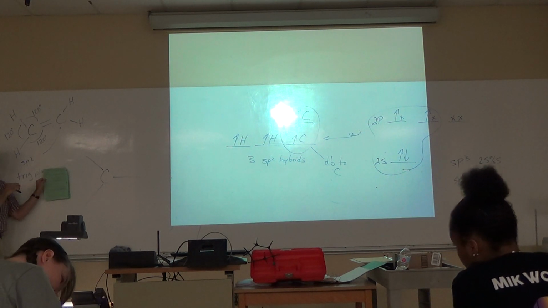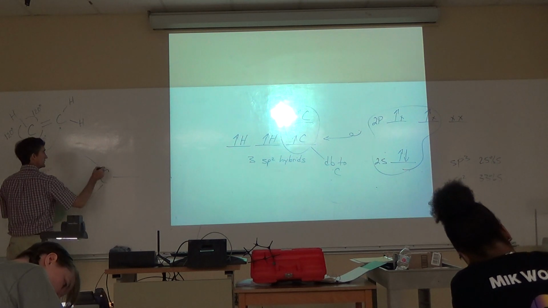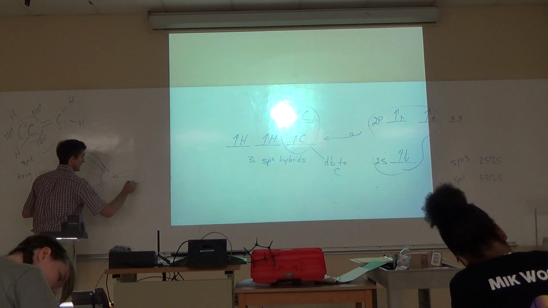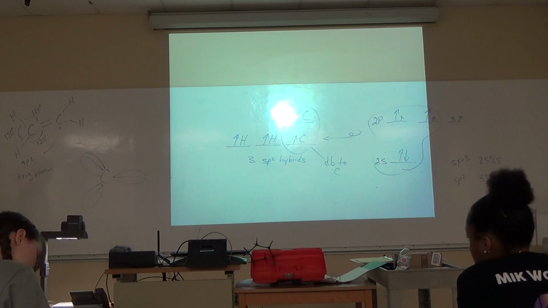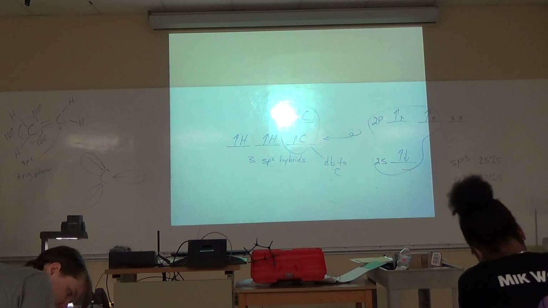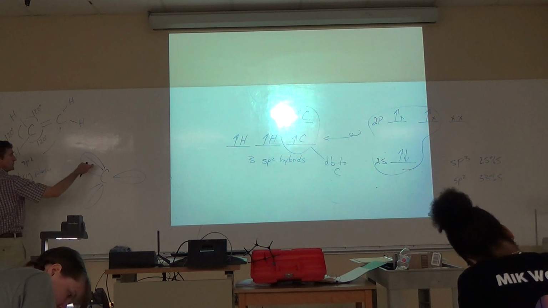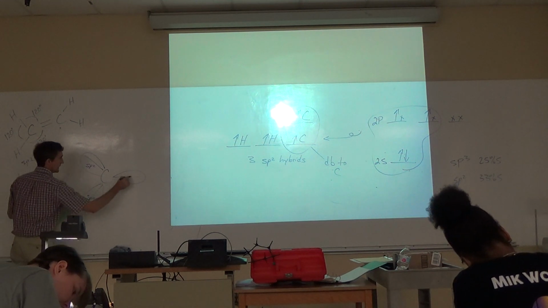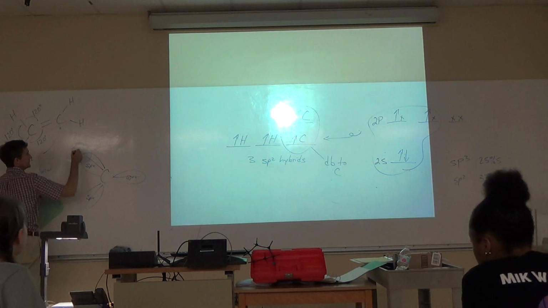Nothing's coming out. Nothing's going back. But this is an orbital. That's an orbital. That's an orbital. That's supposed to be 3 orbitals in a trigonal planar arrangement. What is this orbital interacting with? That's sp2, sp2, sp2. What is this interacting with? H. Well, the H.